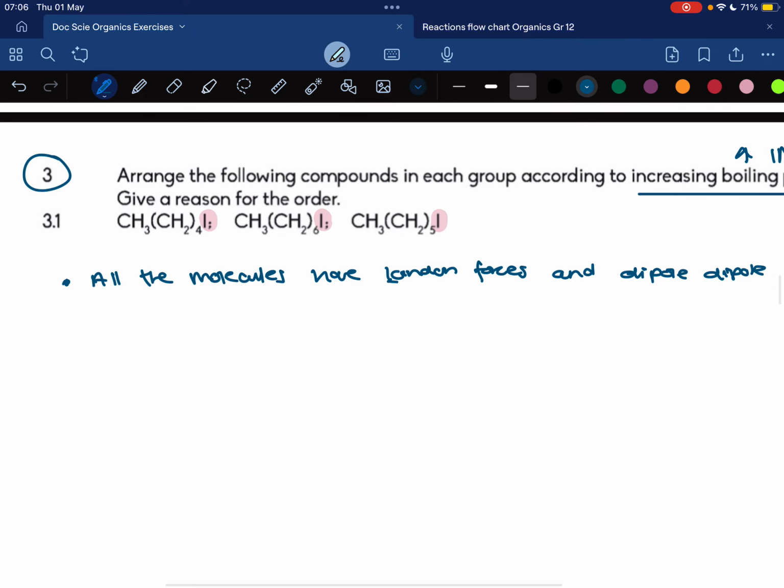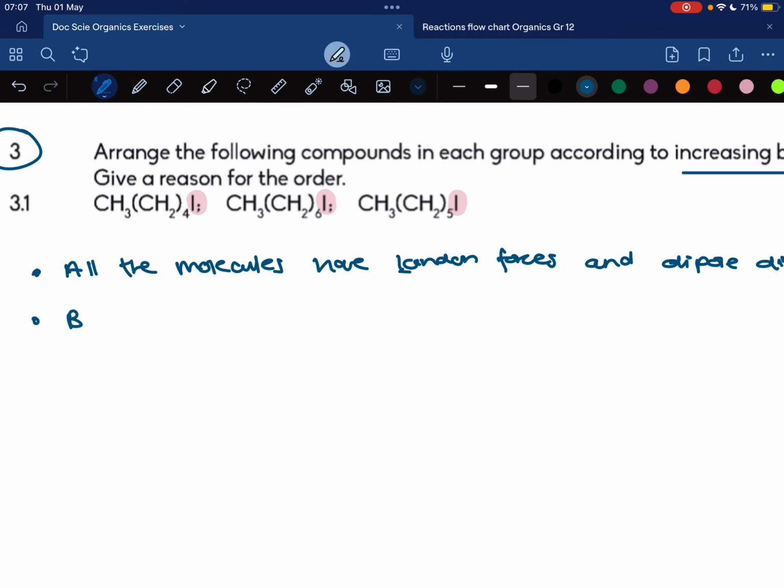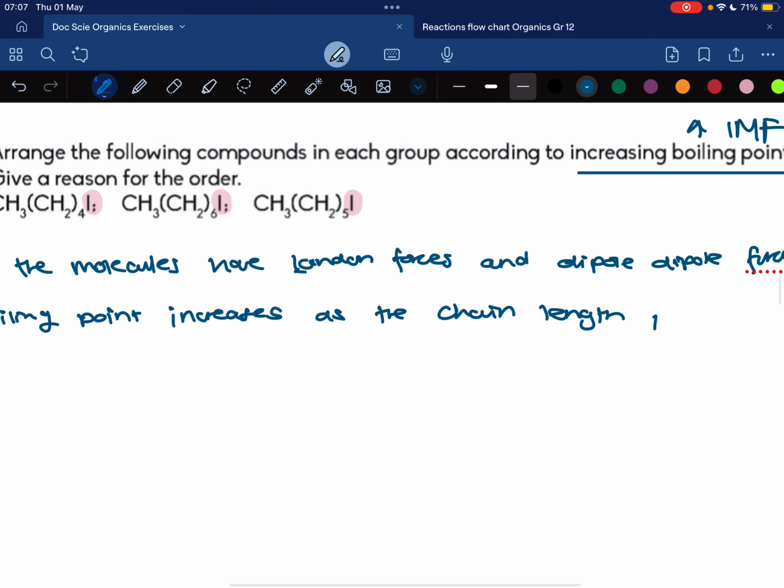Then we'll explain that boiling point increases as the chain length increases.